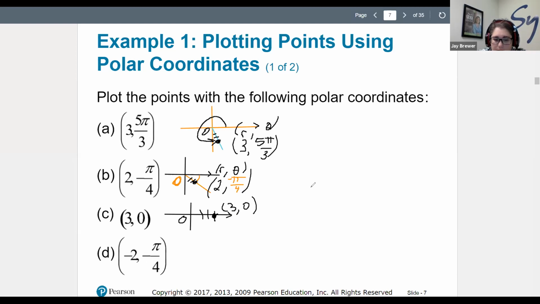And then the last one is -2 comma -pi/4. And for this one, when we get down to it, they decided to show us the whole line, and I'm not really sure why they chose to do it that way, but we will emulate it the best we can.